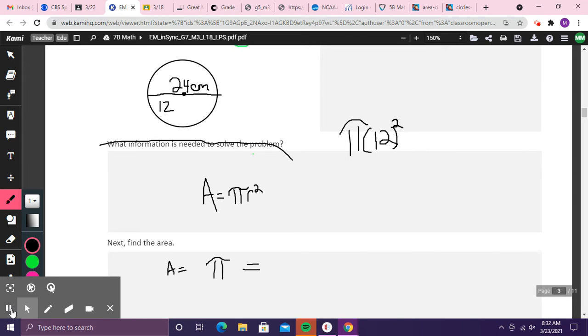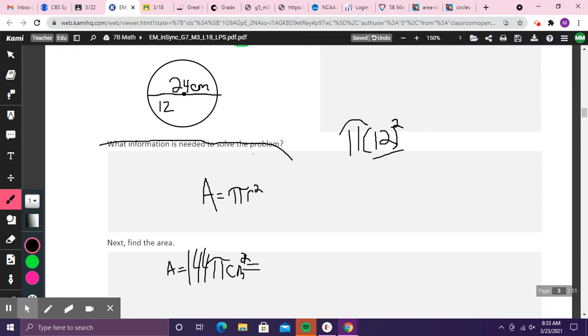Okay, so we have right here the area equals what pi? Well, what's 12 squared here? 144. So my answer technically is 144 centimeters squared, or 144 pi centimeters squared. That's our answer, kind of.